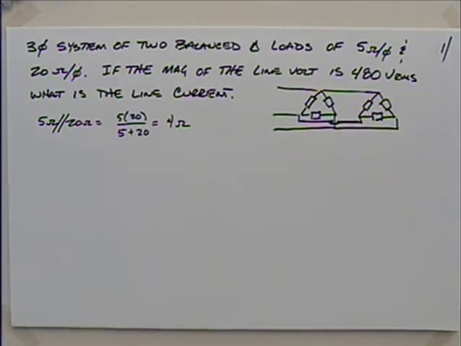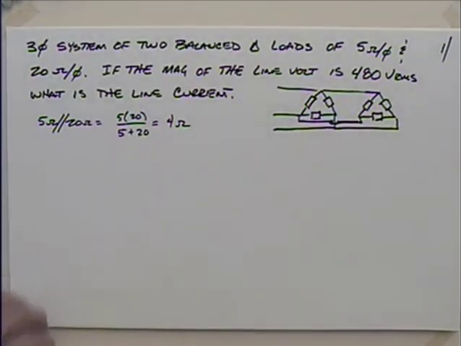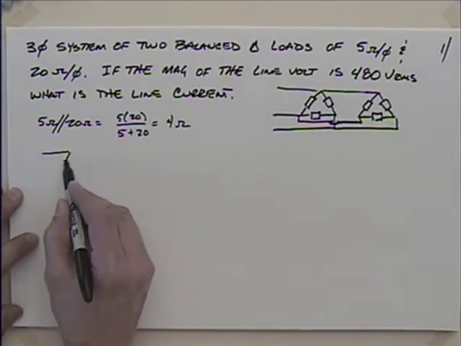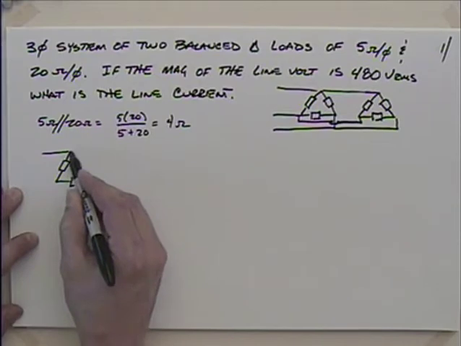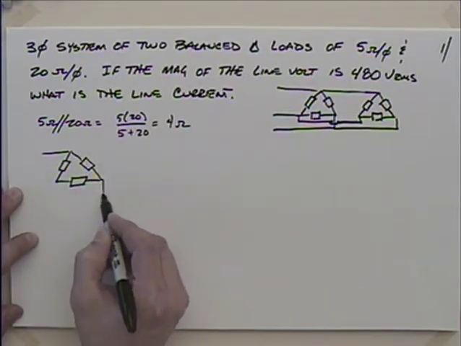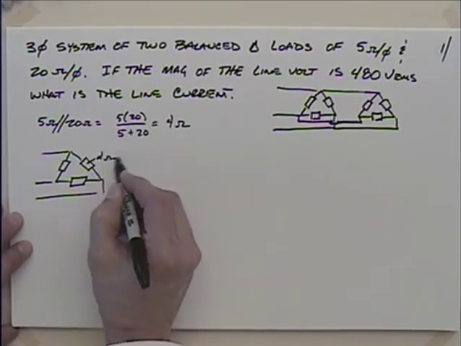Well, we could try it that way too. Like I said, by far this is the fastest. May not be the cleanest. So now I've got something that looks like this, right? Where each one of these are 4 ohms.